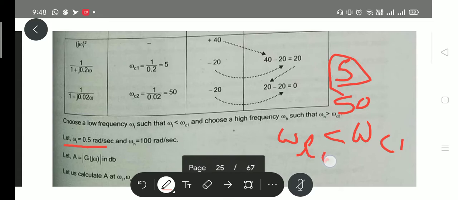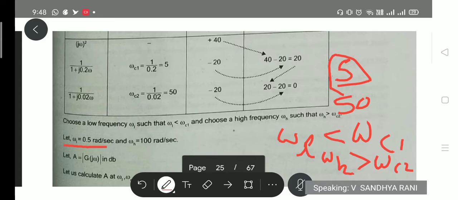Omega h is greater than omega C2. Whatever the last corner frequency is, omega h is greater than that value. Here omega C2 is the last corner frequency, so I am taking omega h greater than omega C2. For example, if omega C3 also exists, then omega h is greater than omega C3.